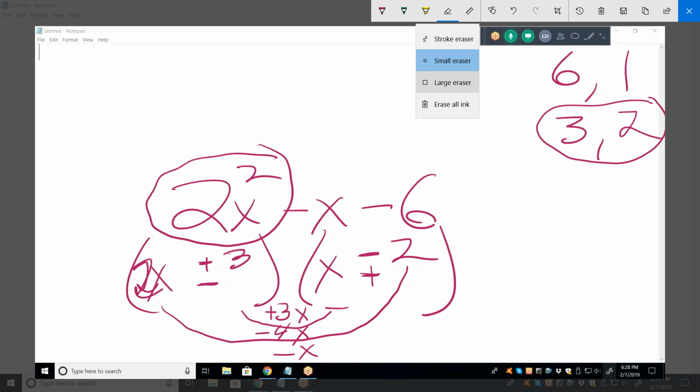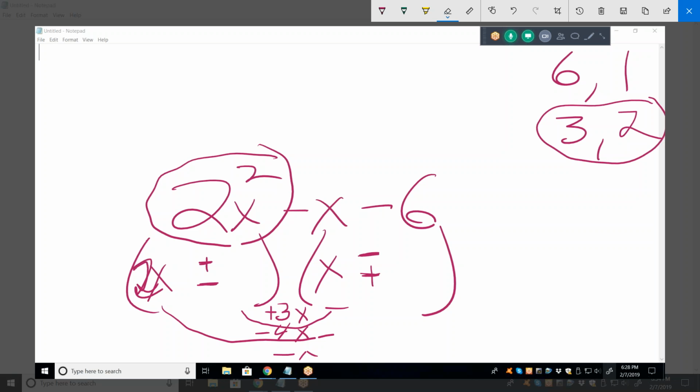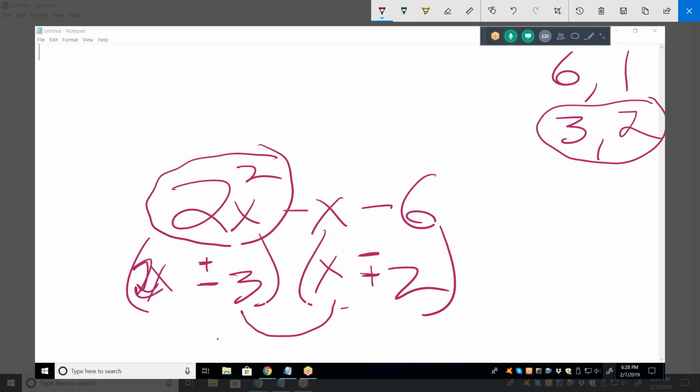Okay? Well, let's pretend that I wasn't so lucky. And instead of starting where I started, let's try the 3 here and the 2 there. You see where that's different. That's not the same. It's not going to give you the same answer. What does this give you? That would give you minus 3x and then 4x, so that would be a positive x.